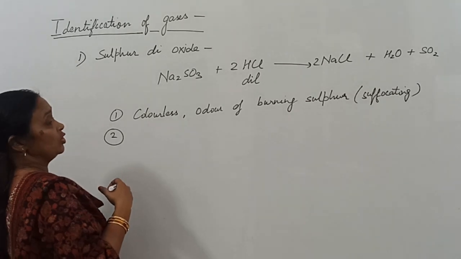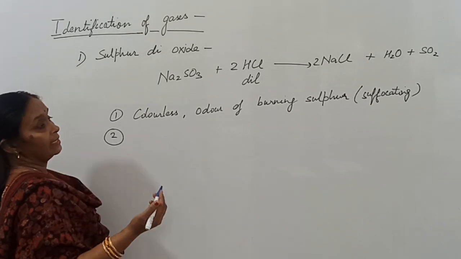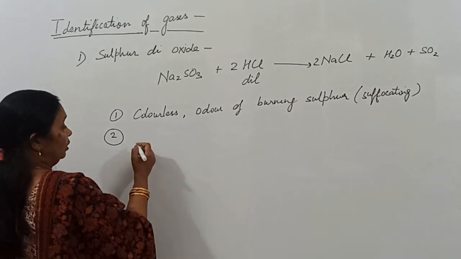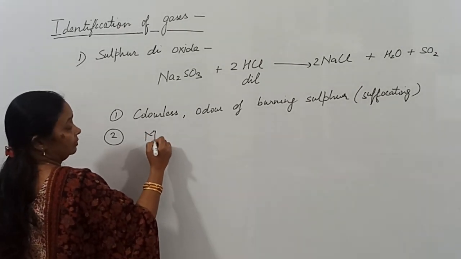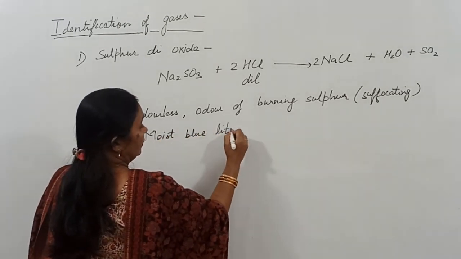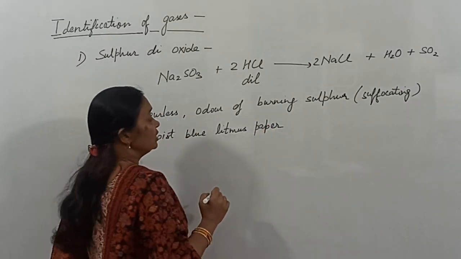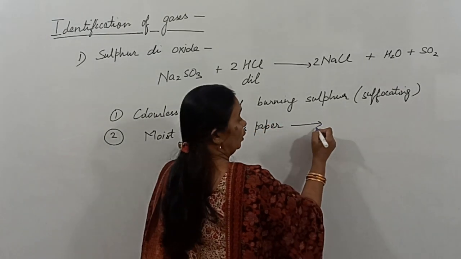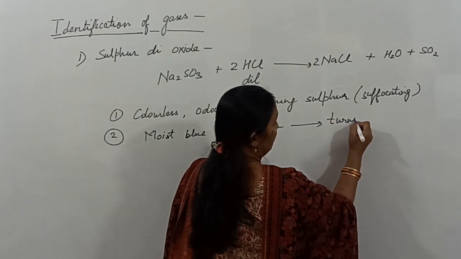The first test which we'll do on sulfur dioxide is to check whether it is acidic or basic. If we bring a moist blue litmus paper in contact with this gas, the moist blue litmus paper turns red.